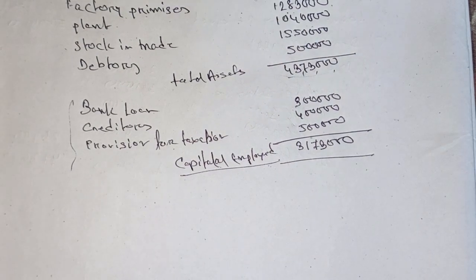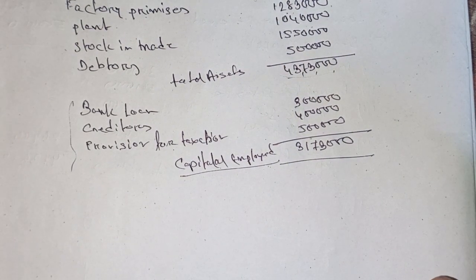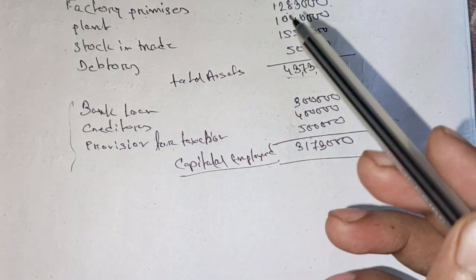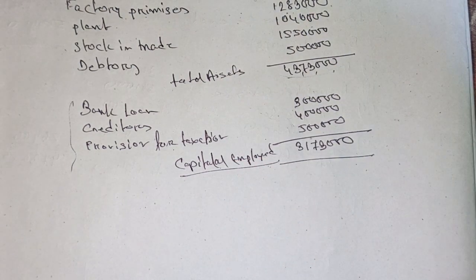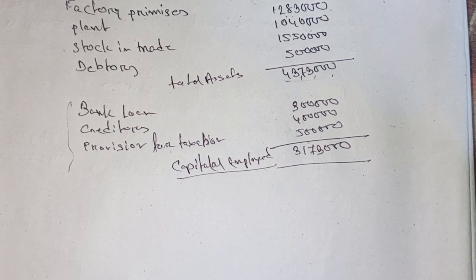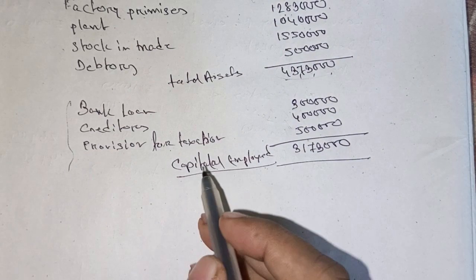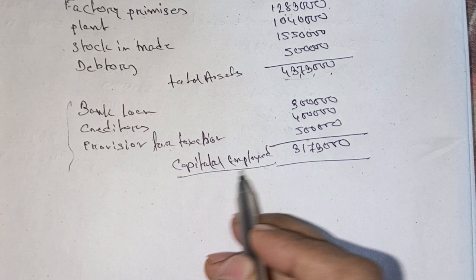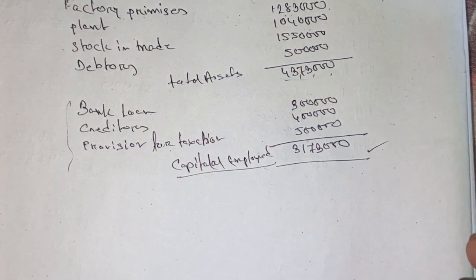But you should remember one thing, that if we calculate our capital employed on another basis, that is net worth basis, that time also our capital employed will remain the same. This amount will be found.